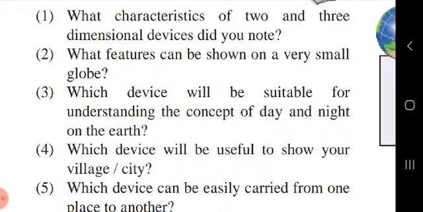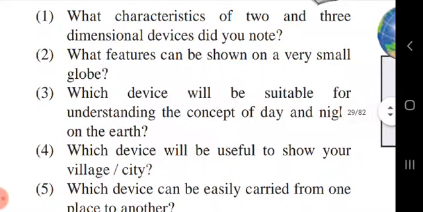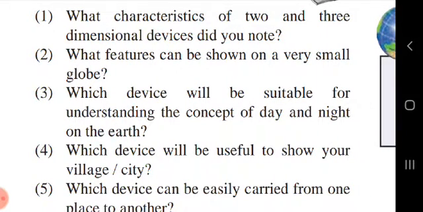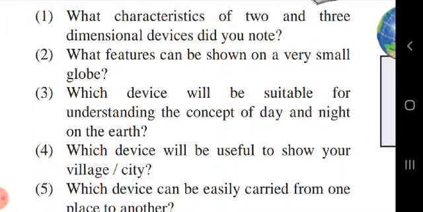They are parallels of latitudes and meridians of longitudes, countries, islands, gulfs, bays, seas, oceans, etc. So I said, what you can see: parallels of latitudes and meridians of longitudes. Second, countries, islands, gulfs, bays, seas, oceans, etc. You can see on a globe.